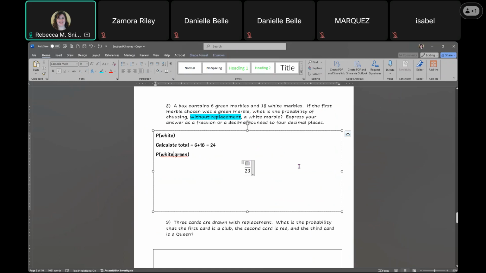Now my numerator simply is how many white marbles are left, and there are 18. And so that would be all you need for this one. There is no multiplication piece to it because our question is only looking for the probability that we chose a white marble, given that you chose that green one first. So any questions with that one?